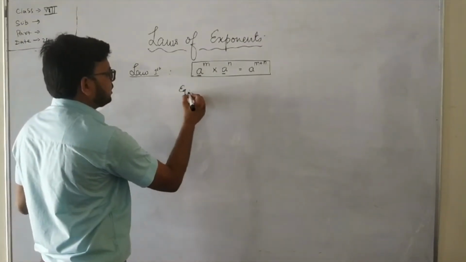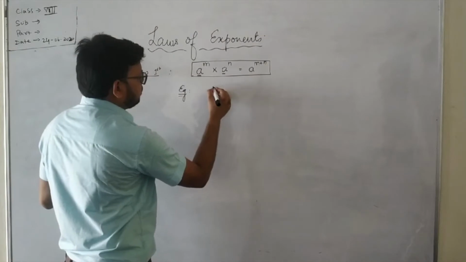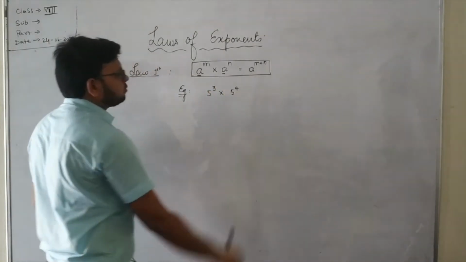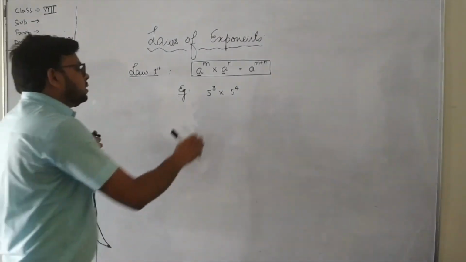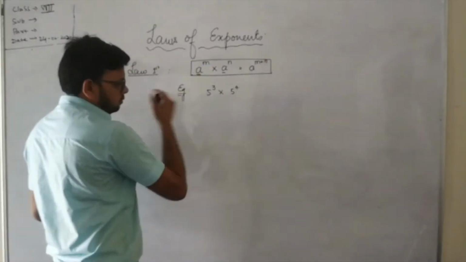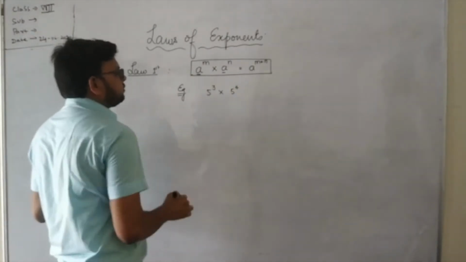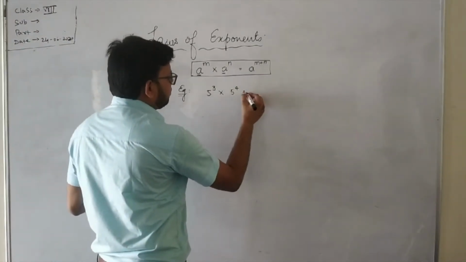Suppose we take an example: 5 to the power 3 multiplied by 5 to the power 4. What are we watching? The bases are the same. In both numbers, the base is 5. Then what can we do?